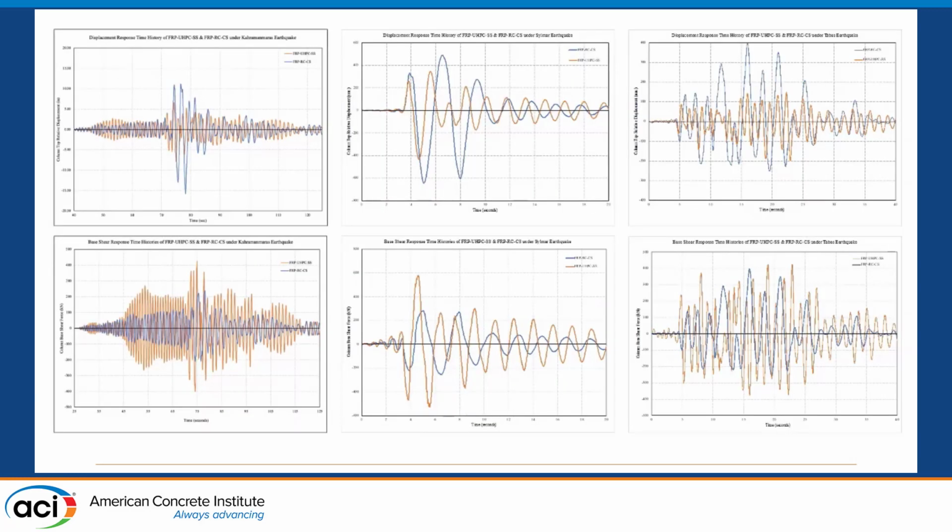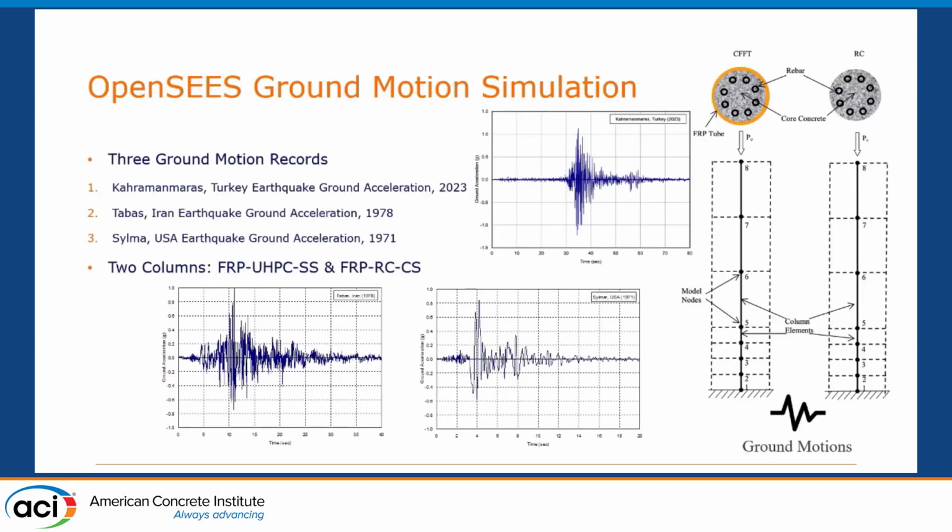In all 3 ground motion analyses, the base shear and column top displacement for the new proposed systems were significantly reduced compared with the previous analysis. Notice that these 2 displacements were studied with the FRP tube using UHPC and using the FRP tube with the regular reinforcement.